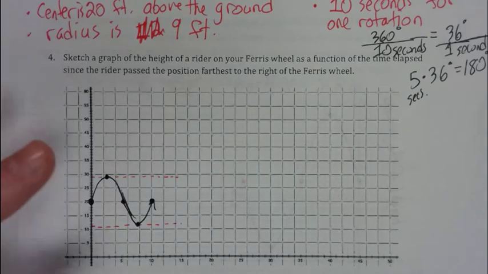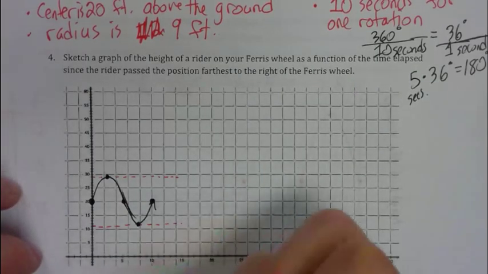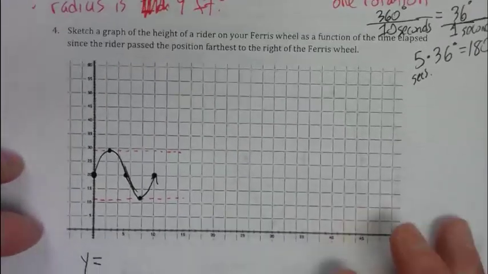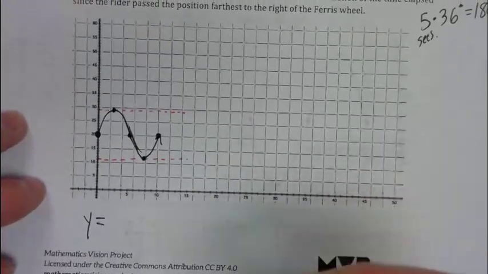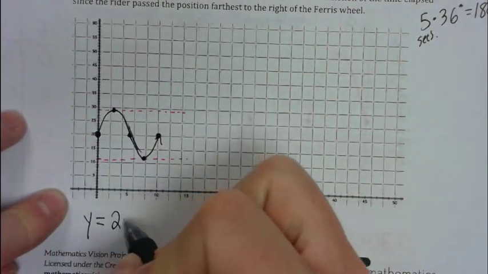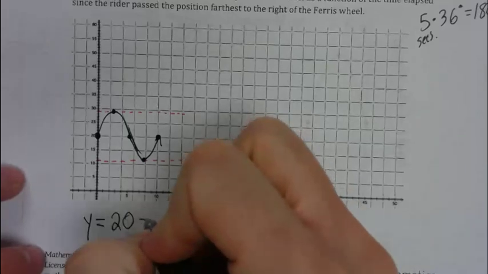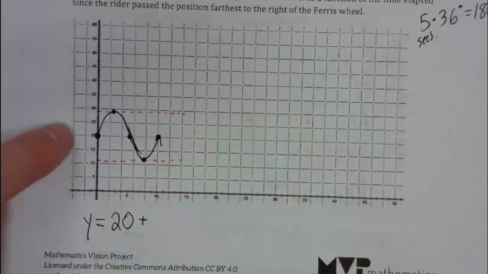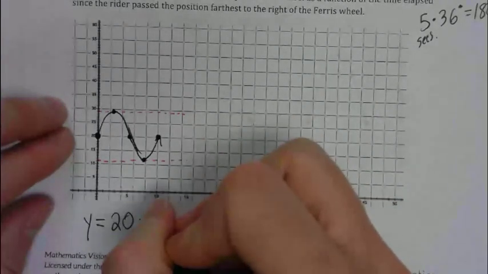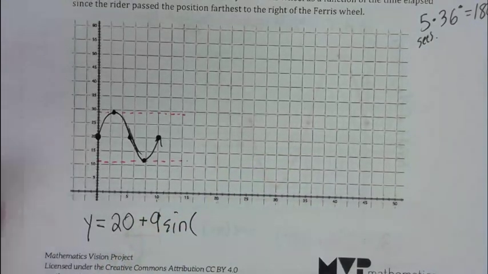So if we want to know what the equation is, well, we know we're going to use our sine function because we'll still be doing the same thing. So if I wanted to graph this, well, I know that the middle of my Ferris wheel is 20 feet off the ground. So it's got to be 20 plus or minus something. So we're going to add our radius, which was 9, times our sine.